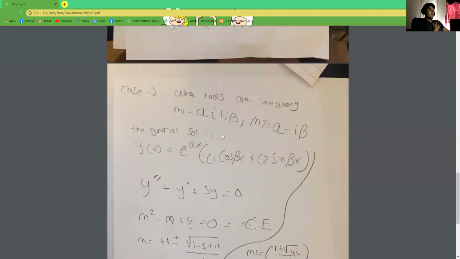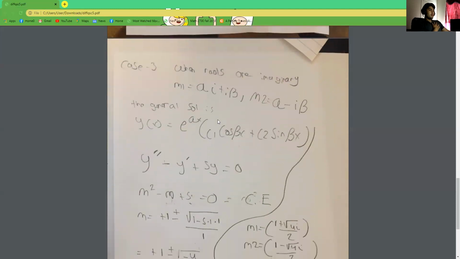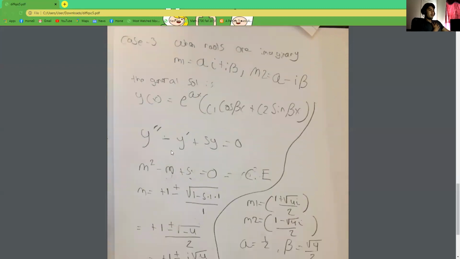So when roots are imaginary, m1 equals alpha plus i beta, and then m2 equals alpha minus i beta. The general solution will be y(x) equals e to the alpha x, parentheses, c1 cosine beta x plus c2 sine beta x. And then here's our equation: y double prime minus y prime plus 5y equals 0.